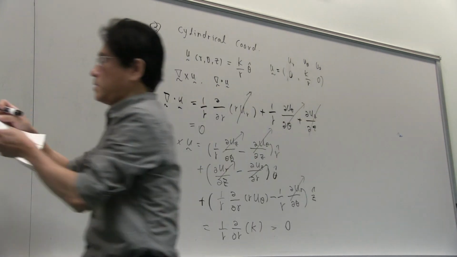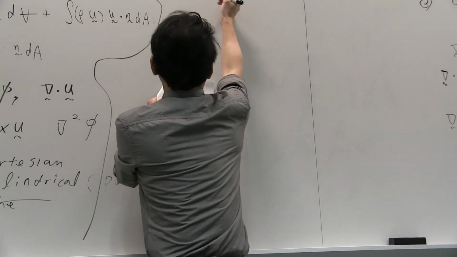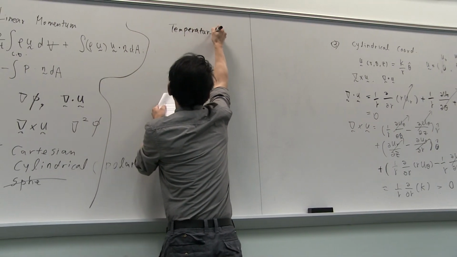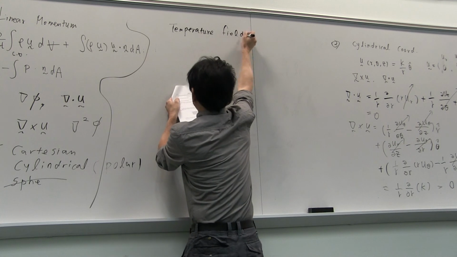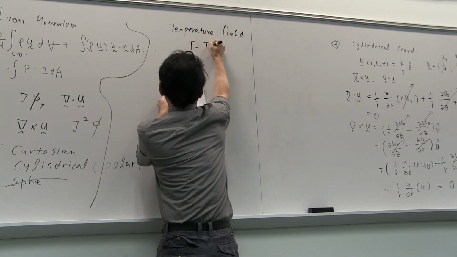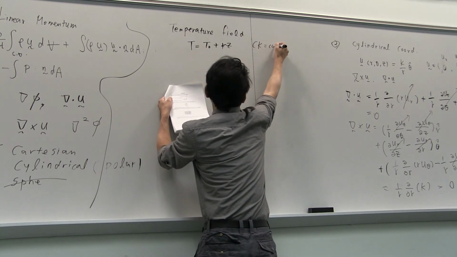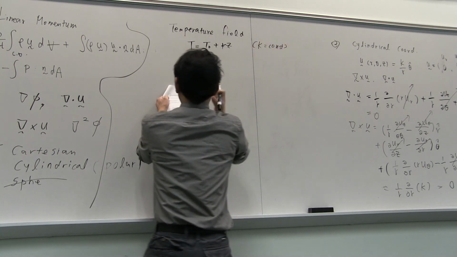Okay, now we have the next problem. You have a temperature field, which is T equals T naught plus K times z, where K is a constant.